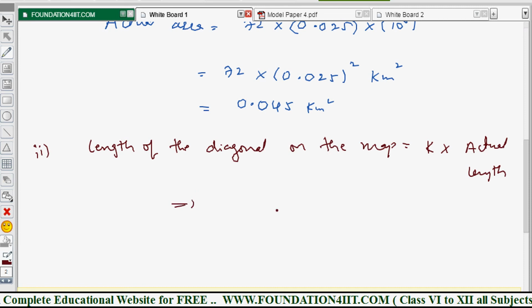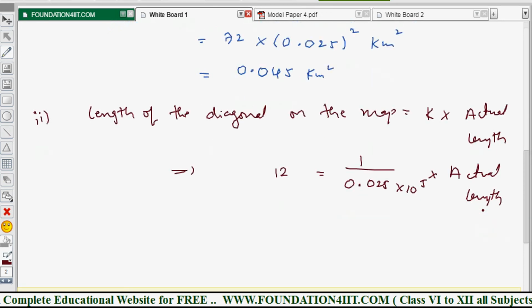So from this, we already got the length of the diagonal on the map is 12 centimeters, right? That is equal to 1 by 0.025 into 10 power 5 into the actual length of the diagonal.